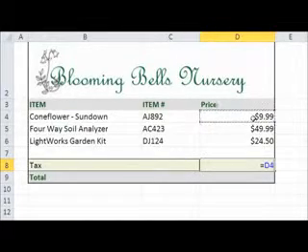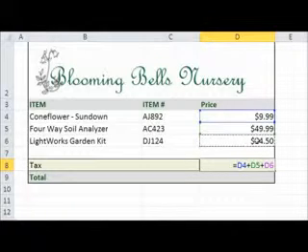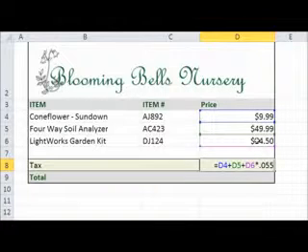And now add D4 plus D5 plus D6, and then I will multiply it by 0.055, which is 5.5%.